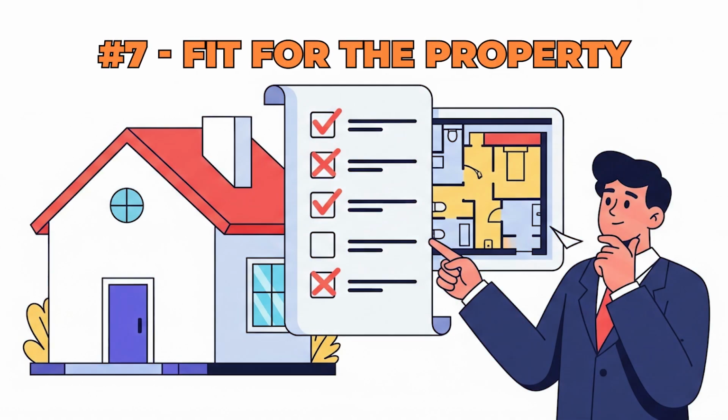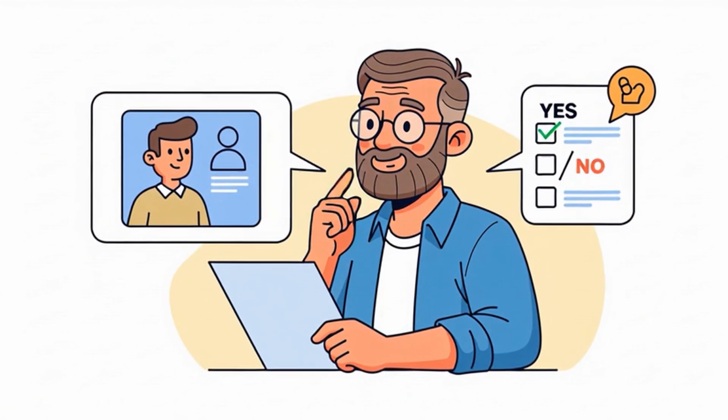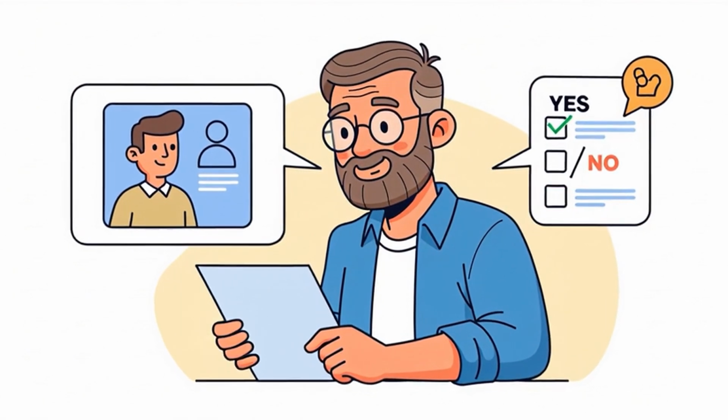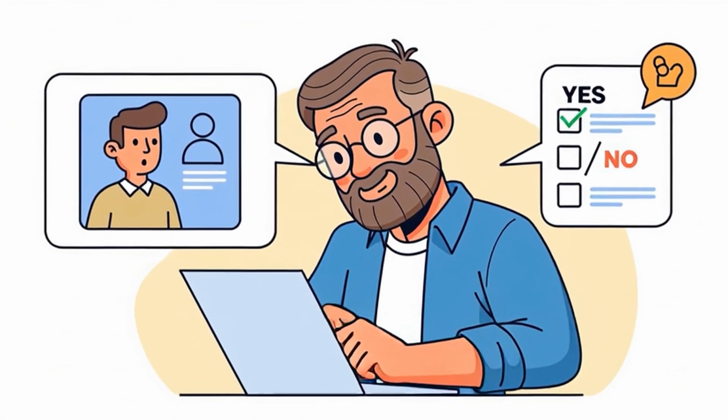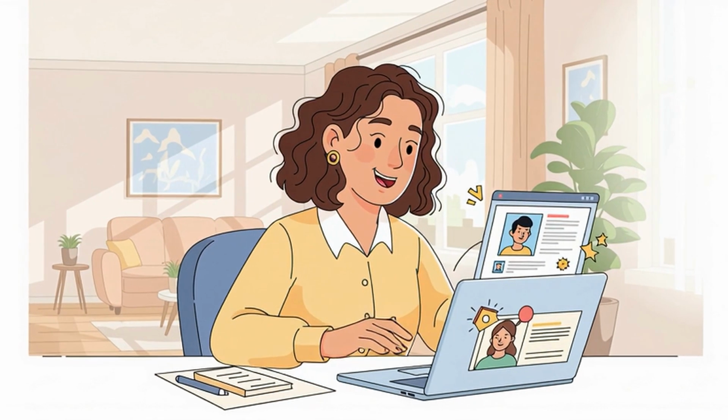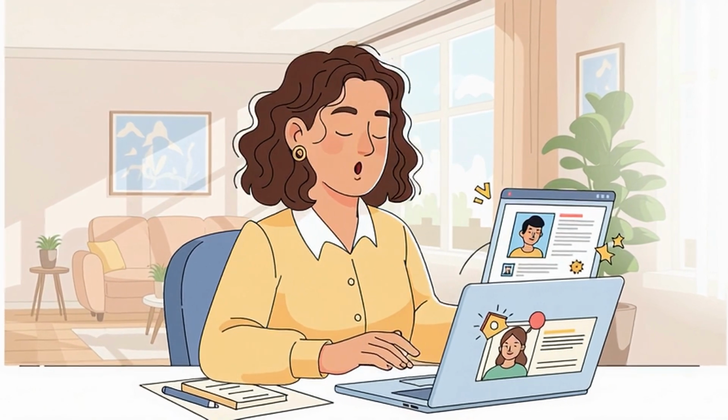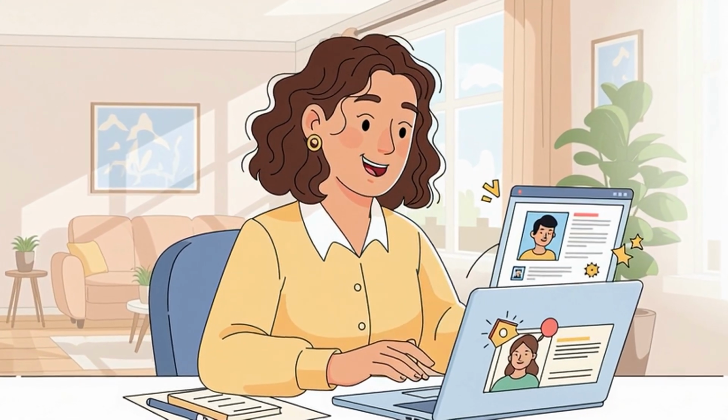Number 7 is fit for the property. Beyond finances, landlords need to consider if the tenant is a good match for the building and other occupants. So there's a few other things that you need to consider. You want to consider the zoning compliance. For example, is the business legally allowed in the location?